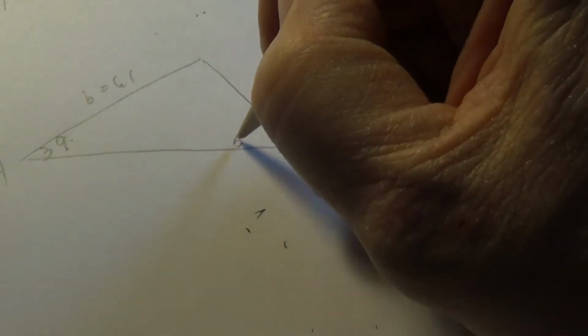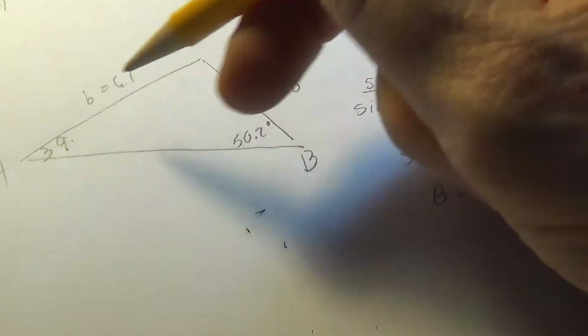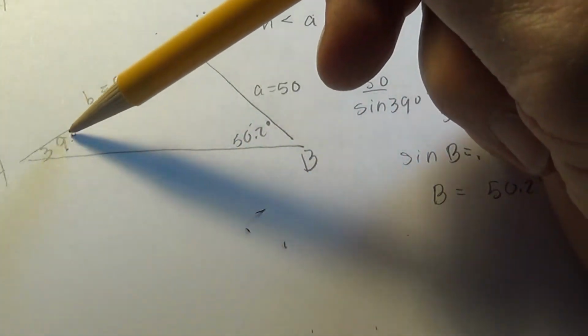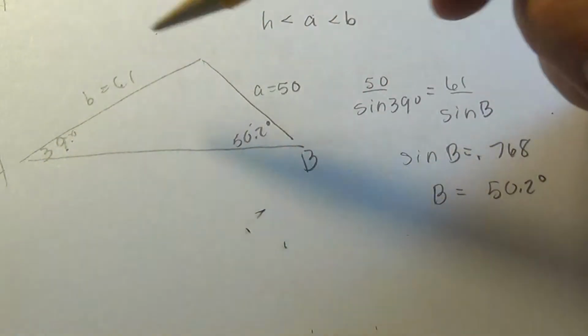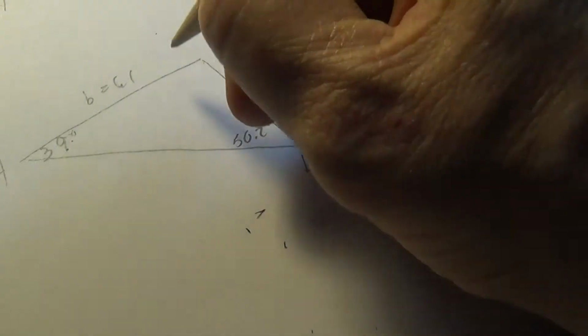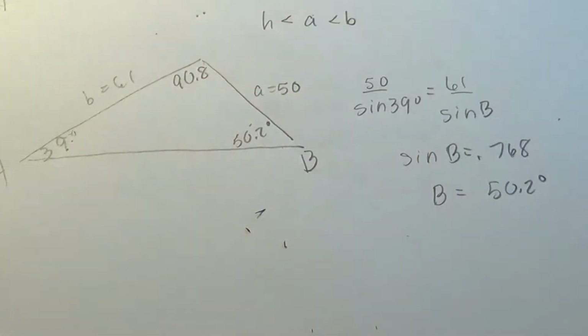So if this is 50.2 degrees, we can subtract these two from 180. 180 minus 39 minus 50.2 is 90.8. So we have that.